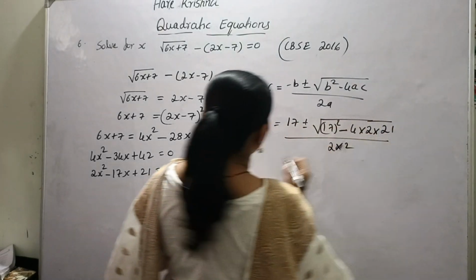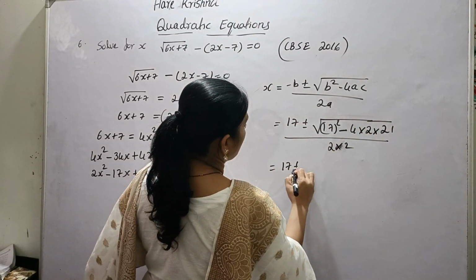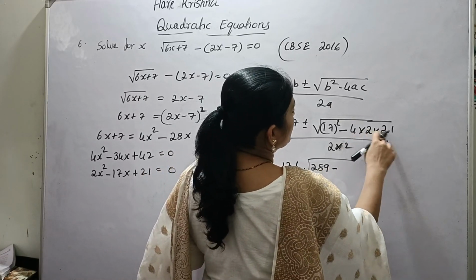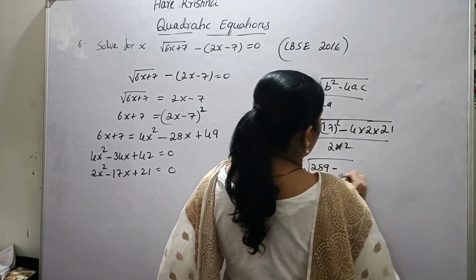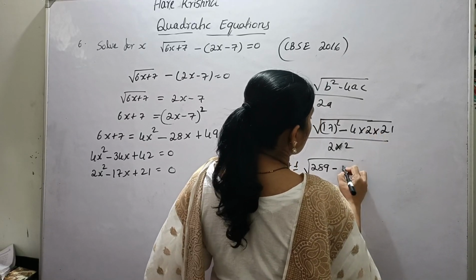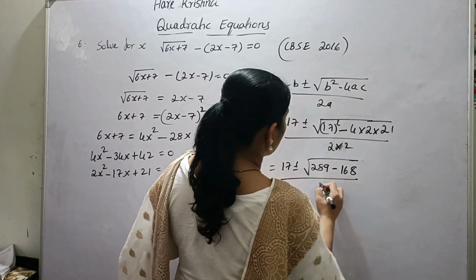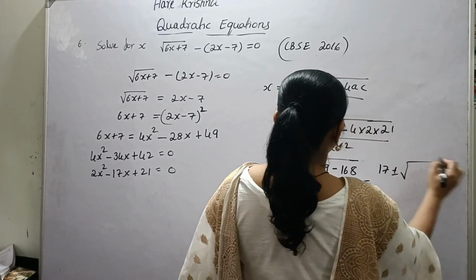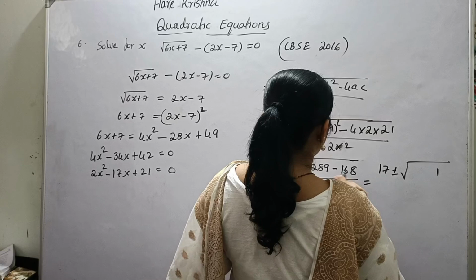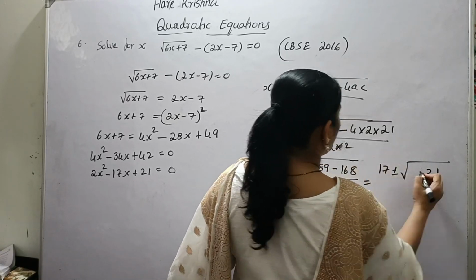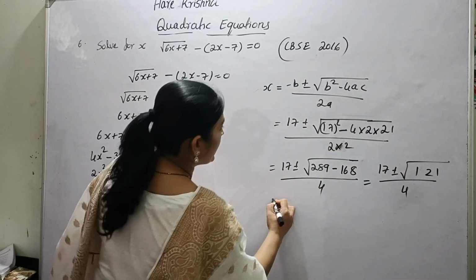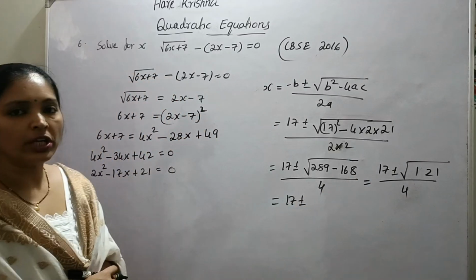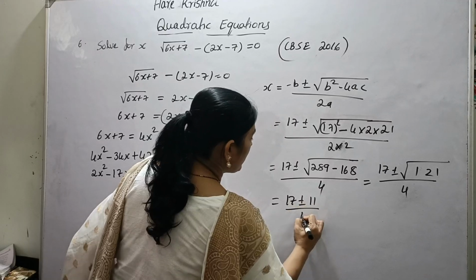Okay, 289 minus, here 8 ones are 8, 8 twos are 16, 168, divided by 4. That is equal to 17 plus or minus square root of 289 minus 168, that is 121, divided by 4. That is equal to 17 plus or minus square root of 121, 11, divided by 4.